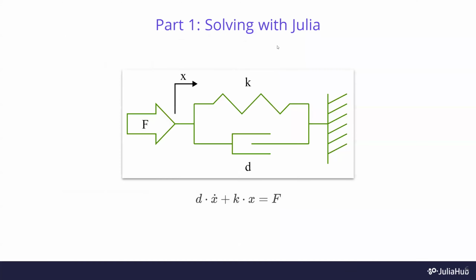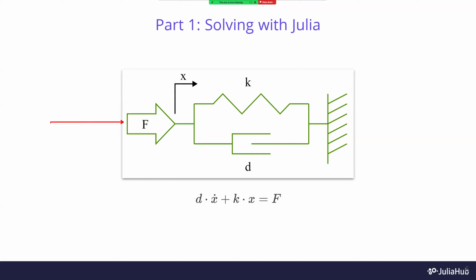All right, so let's go ahead and get our hands dirty and start problem solving with Julia right now. Here we have a foundational engineering problem called a mass spring damper. For our system, we have a spring at the top, and we have a damper also connected to that spring at the bottom.